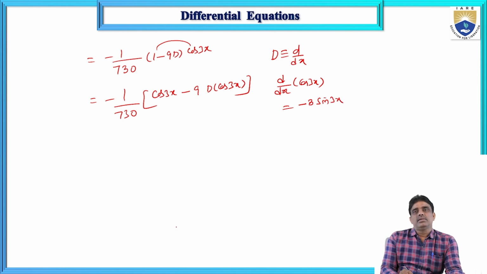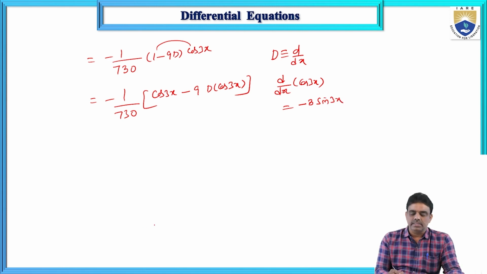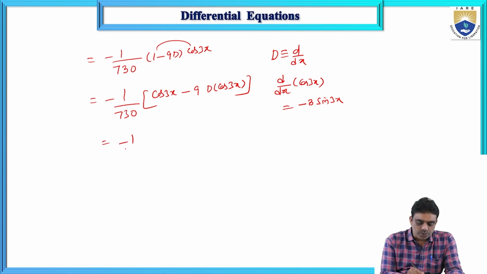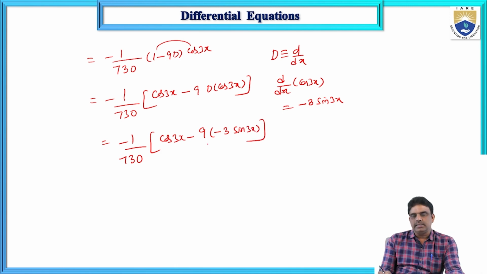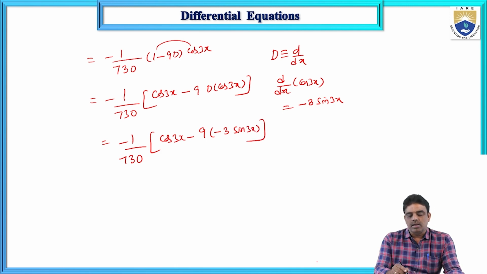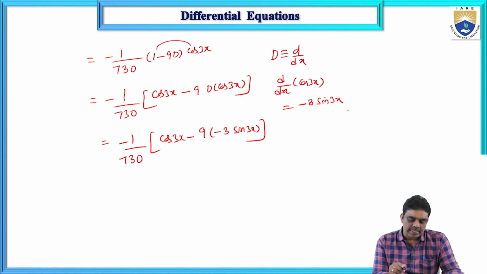Am I right or not? Cos 3x derivative is sin 3x, into 3, the constant we will get, and the minus sign also, minus 3 into sin 3x. So I'm substituting: minus 1 by 730 of cos 3x minus 9 into minus 3 into sin 3x. Sin 3x derivative is 3 cos 3x. Cos 3x derivative is minus 3 sin 3x.